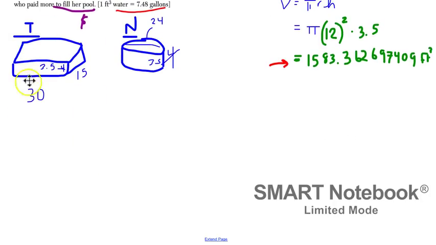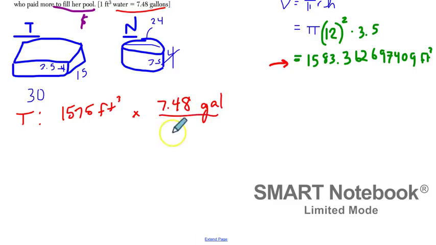So for Teresa, that means her 1,575 cubic feet we can convert to gallons by saying that there's 7.48 gallons in a single cubic feet. We want to multiply because if we do it this way, we'll get the cubic feet to cancel out and we'll be left with gallons.